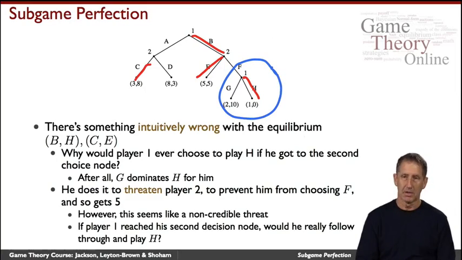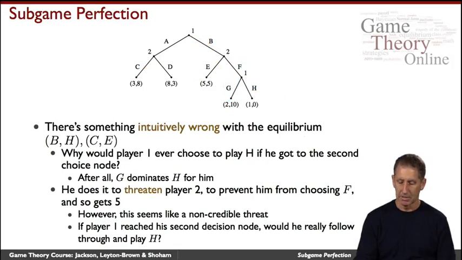Here's a subgame. It's a game of a single player, player 1, and the restriction of this Nash equilibrium is simply that action of going H, but this is not an equilibrium in this very simple tree because there's a profitable deviation to G for the player. And so while it's a Nash equilibrium of the whole tree, its restriction to the subtree here is not a Nash equilibrium, and therefore this Nash equilibrium is not subgame perfect.